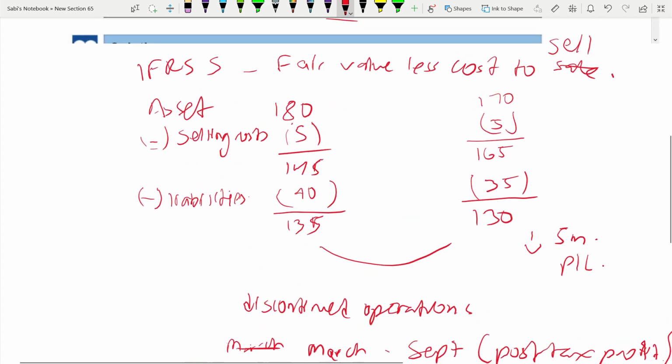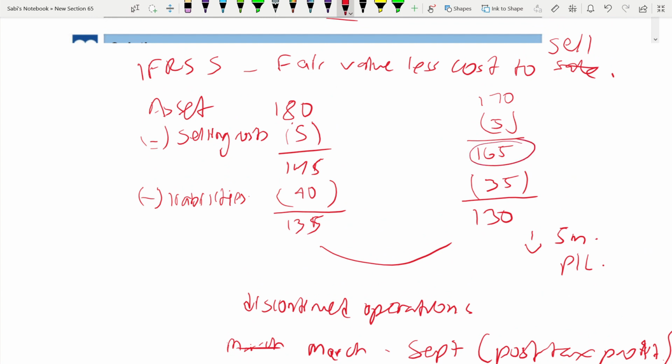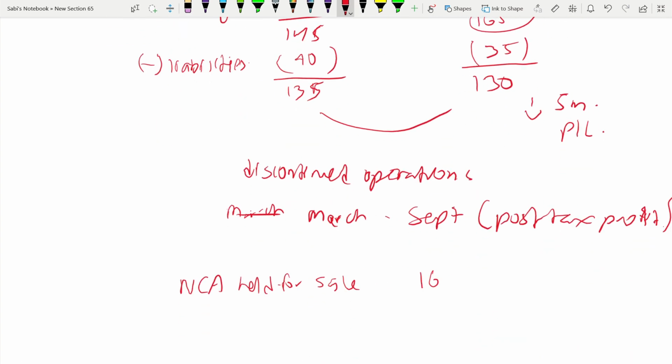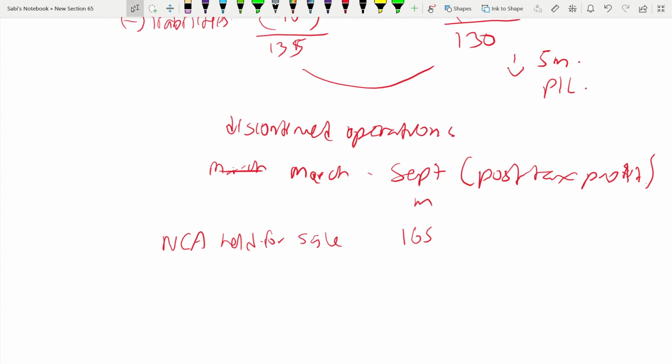How much? You take the September figure. On 30th September, 165, asset minus selling cost, so 165. This is in millions. In your statement of financial position, this is how you will show it. And what about liabilities? After current liabilities, you will write this line: liabilities directly associated with non-current assets classified as held for sale.